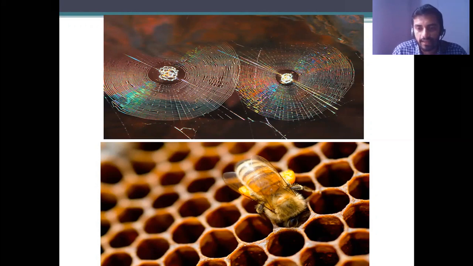Scientists say that this is the best possible way in which the maximum amount of honey can be stored using the minimum amount of wax. For us humans, if we want to draw such things, we have to use a ruler and compass, and how these honeybees make these marvelous structures is a secret.